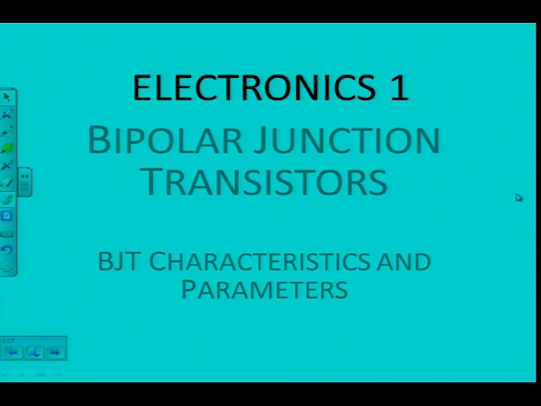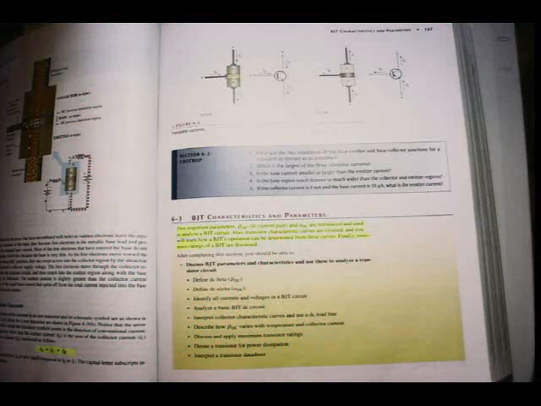Okay, we're going to carry on with the chapter on bipolar junction transistors. Today we're going to discuss BJT characteristics and parameters. So let's refer back to the textbook and read the introductory paragraph and see what we're going to learn in this section.